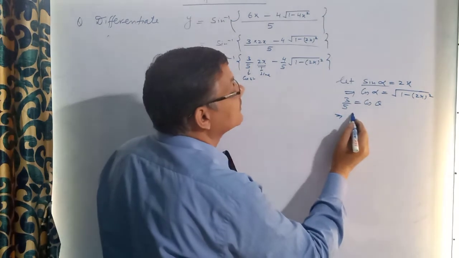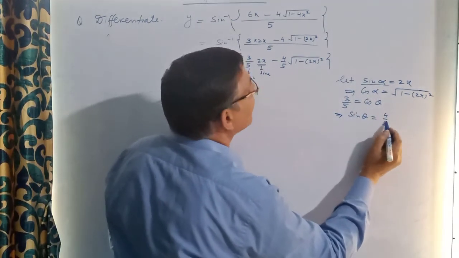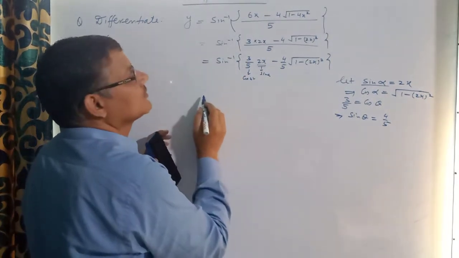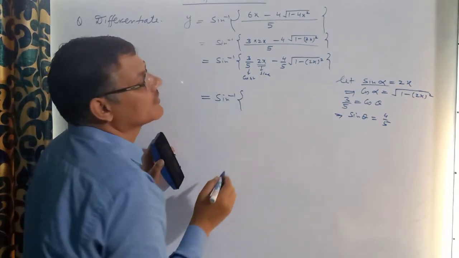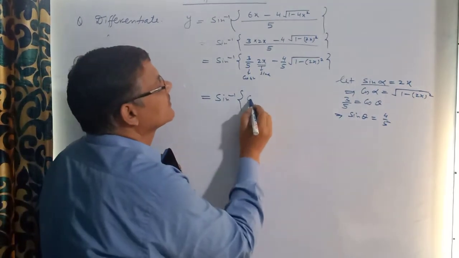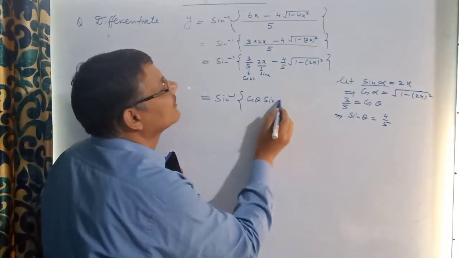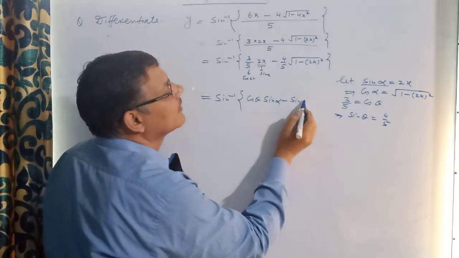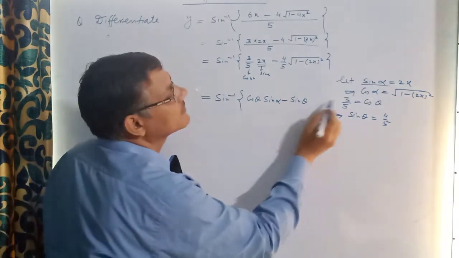It implies sine theta is equal to 4 by 5. Automatically we get there. So with this substitution we get it equal to sine inverse. What is 3 by 5? It is cos theta. What is 2x? It is sine alpha. What is 4 by 5? It is sine theta. And what is root over 1 minus 4x square? It is cos alpha.